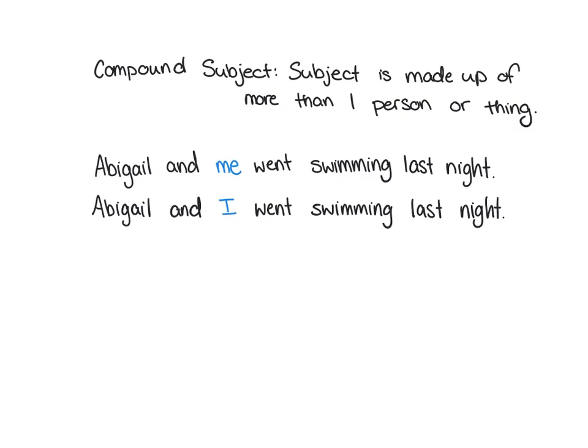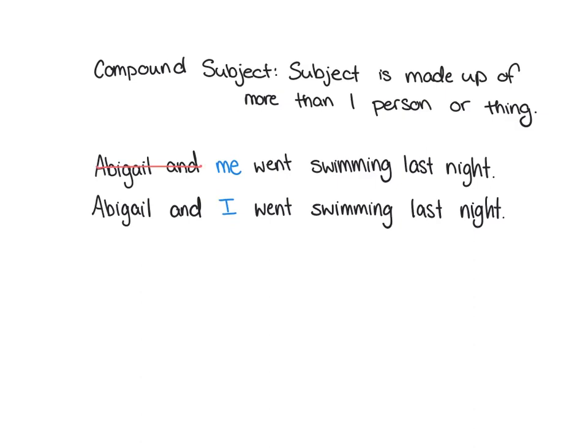So you might automatically know when you hear it, Abigail and me went swimming last night versus Abigail and I went swimming last night. You might be able to tell, but if you can't, the easiest trick is actually to make the pronoun the only subject.